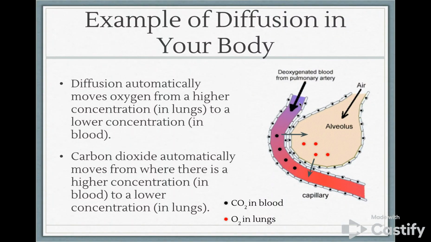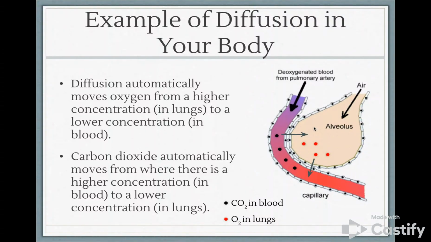Remember, your blood is carrying carbon dioxide-rich blood to your lungs, and because there's more carbon dioxide in your blood, it will automatically move from where there's a lot to where there's not. So the carbon dioxide will move from high concentration in your blood to low concentration in your lungs, and then you can breathe out that carbon dioxide and take in fresh air.